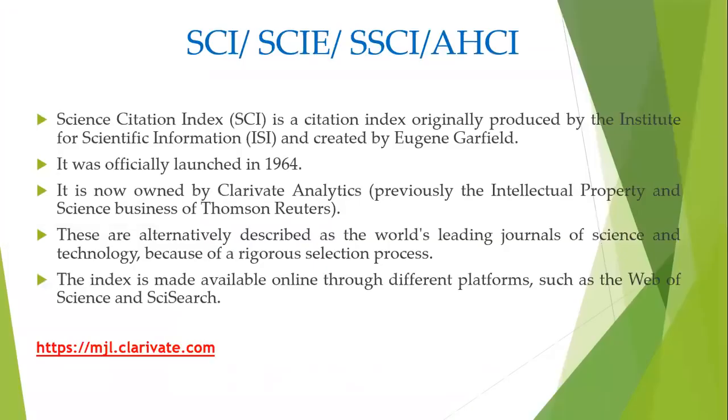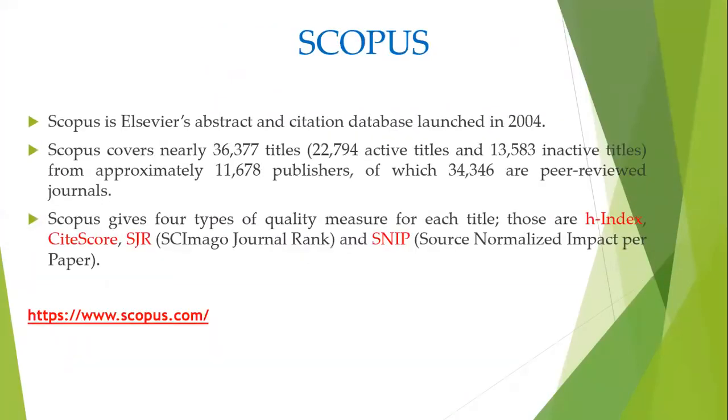So coming back to our slides, we'll move on to the next slide, that is on Scopus. Scopus is another database which was launched in around 2004 by the acclaimed publisher Elsevier.